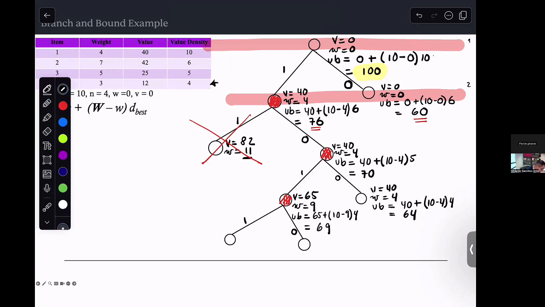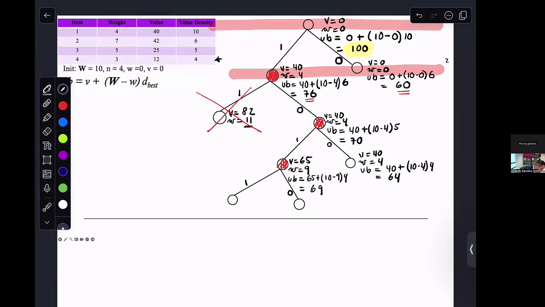So what we can do now is the following. So here, P is going to be 65 plus the value of the fourth element, which is 12. So that is going to be 77.